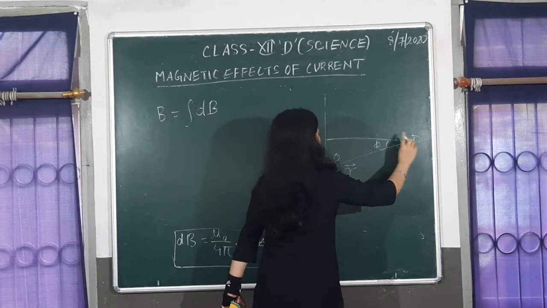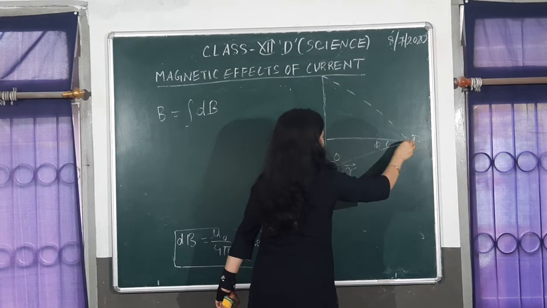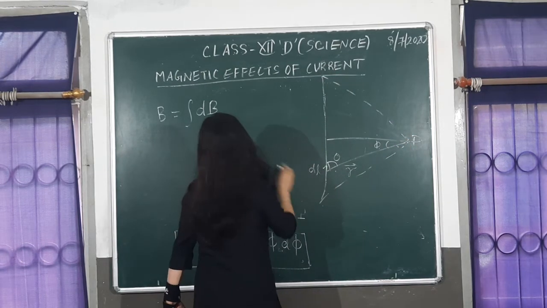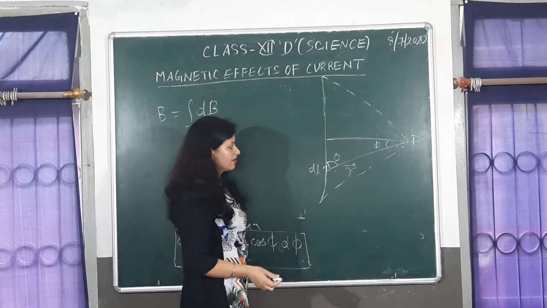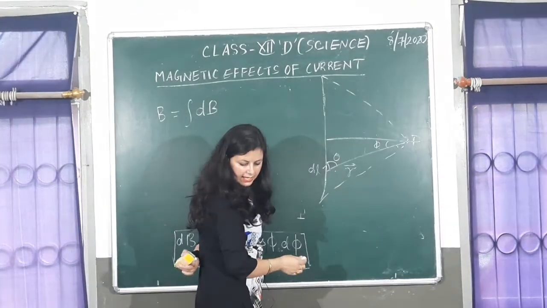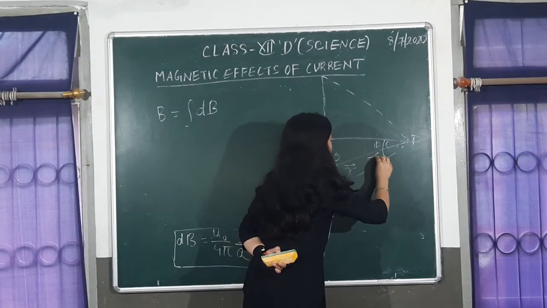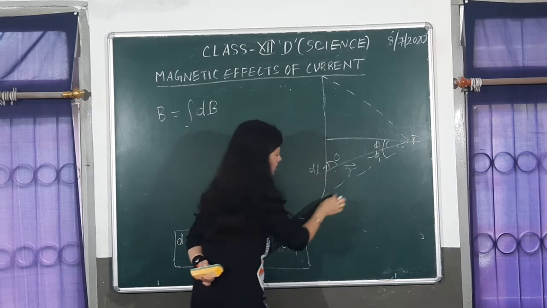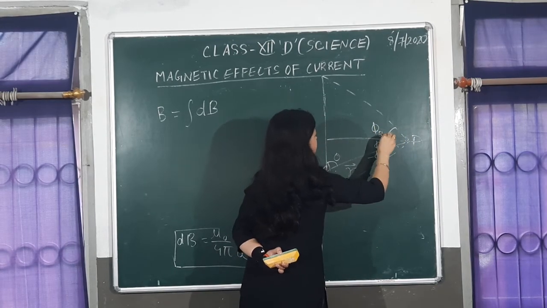Now the limits, since I told you it might be an infinitely long wire and we are integrating with respect to phi here, so we need to put the limits in terms of phi, and we have limits from minus phi 1 to phi 2.